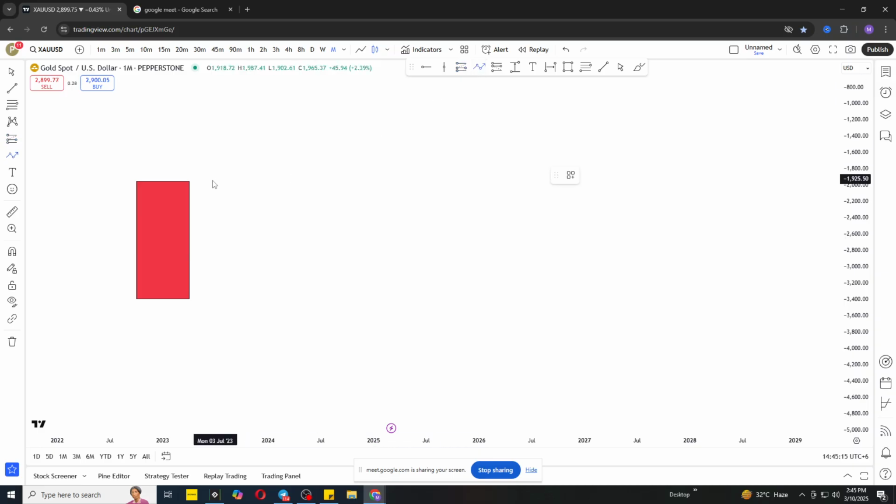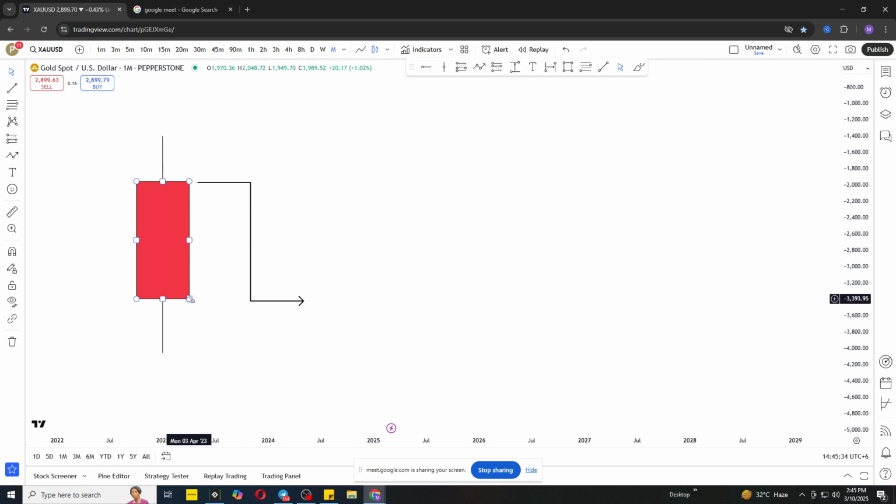So this is the opening as a red candle, and it comes here, and this is the closing of this candle, right? Normally it's a candle, but most of the time we see it with a shadow or a wick, isn't it?